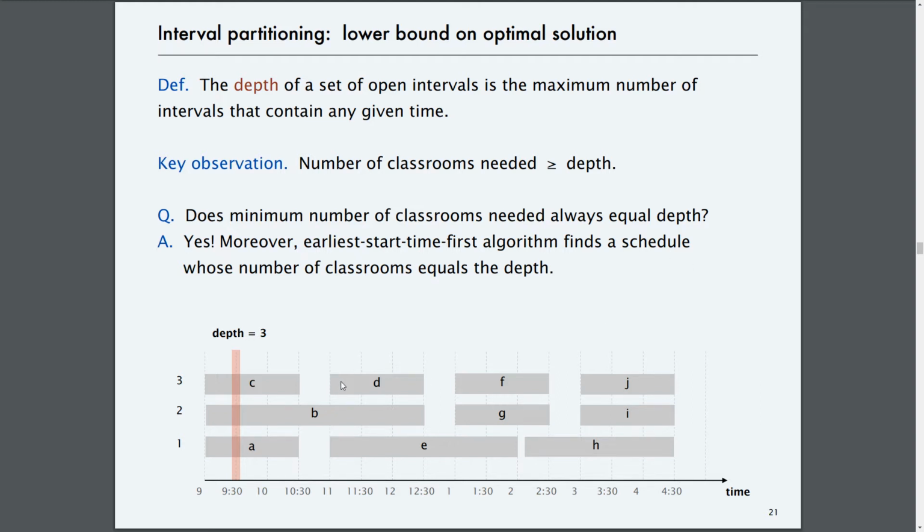For example, if we look at where the red line is, there's no way to get around needing a different classroom for lecture A, B, and C. So you will need at least 3 classrooms, because the depth here is 3. And if you take the maximum of this over the entire set of lectures, then that is the depth of the set.